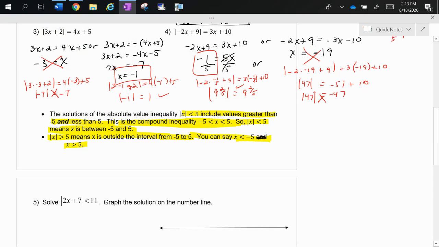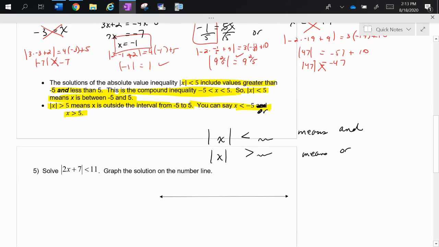Let's change that to or. So the absolute value of x is less than something means an and compound inequality. The absolute value of x is greater than something means an or compound inequality.